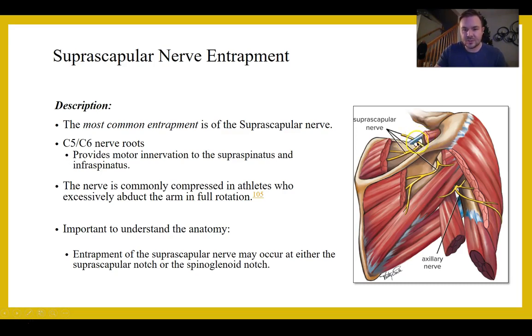The nerve can get impinged in this area, and then you'll have atrophy or muscle wasting or weakness of both the supraspinatus and the infraspinatus because it's everything below the chain here. Meanwhile, if you have just impingement of the nerve at the spinoglenoid notch, the supraspinatus would be spared, but the infraspinatus would have the issue. So that's when we could try to differentially diagnose where the injury occurred.